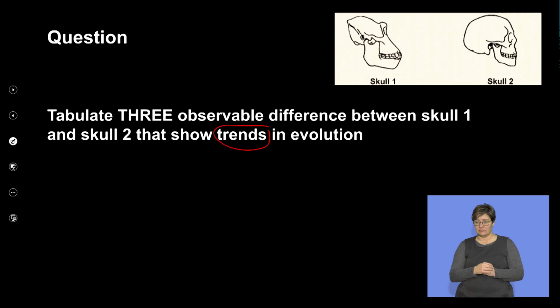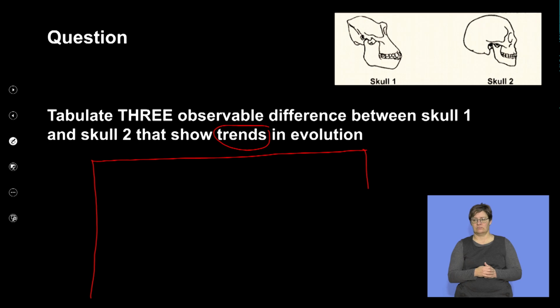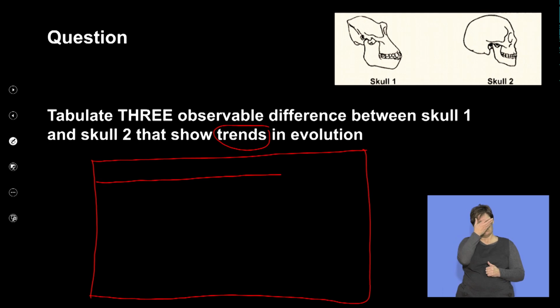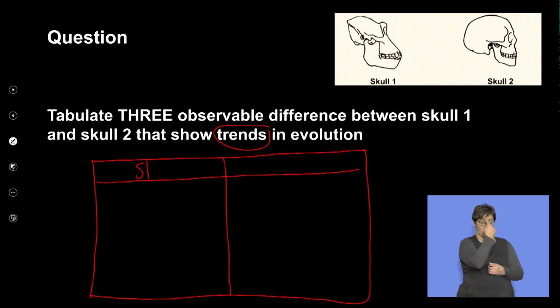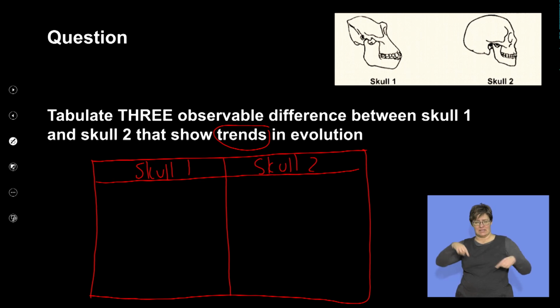This could be quite a tricky one. Okay, so the first thing is tabulate. So what am I going to do? I'm going to draw a table. I don't know how picky they are about a heading, but if you want to, you can put your heading in. So I'm going to say skull 1, and I'm going to say skull 2. Now they want to know the trend.